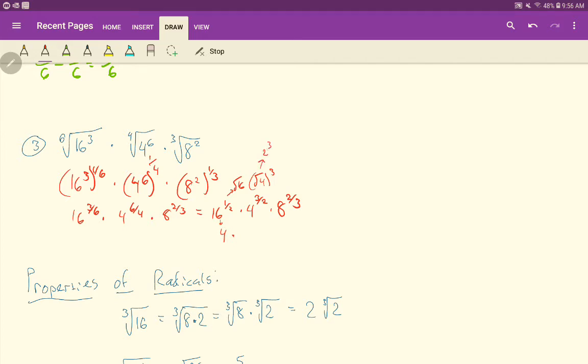It's 2 to the 3rd, so 2 to the 3rd is just going to give us an 8. And then 8 to the 2/3, well, that's like saying cube root of 8 squared. Now we already know the cube root of 8 is 2, so it's 2 squared, so we just get 4. And so it's 4 times 8 times 4, which is, let's see here, 32. So 4 times 8 is 32, times 4 is 128.